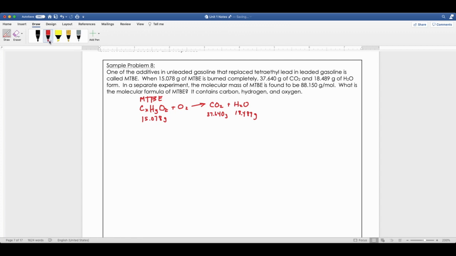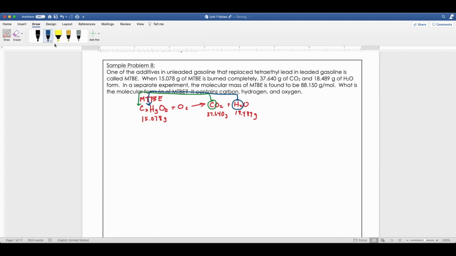So using that mass of CO2, we can use just carbon to ask, how much of carbon in MTBE comes from that CO2? Because there's only carbon in CO2 and only carbon in MTBE. And we can do hydrogen from water, because all of that hydrogen in MTBE was transferred into water. So I can only use that for each of those. Oxygen we're going to save for last.